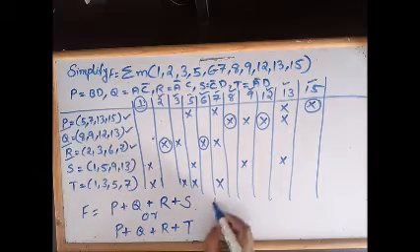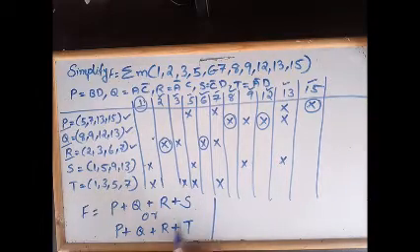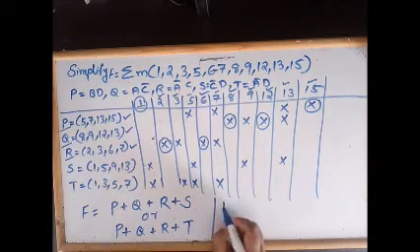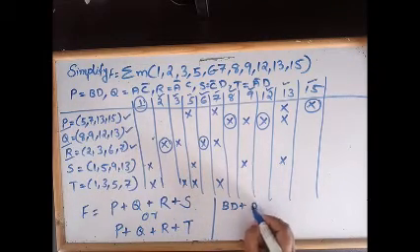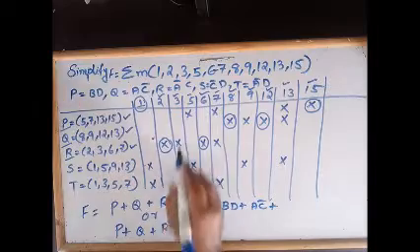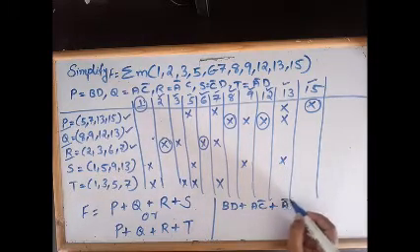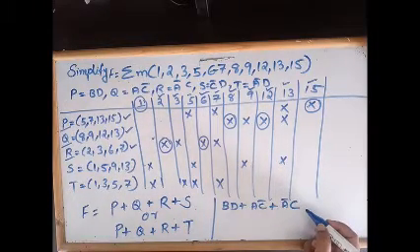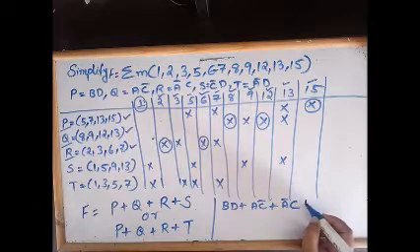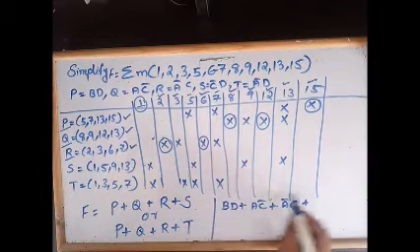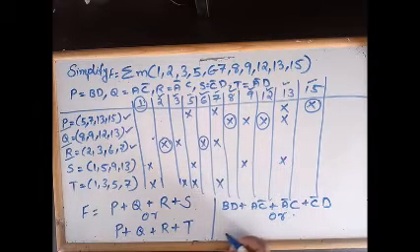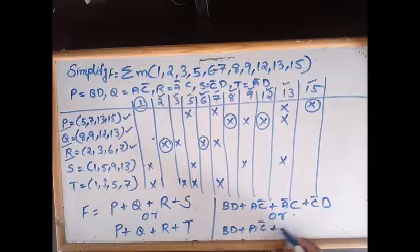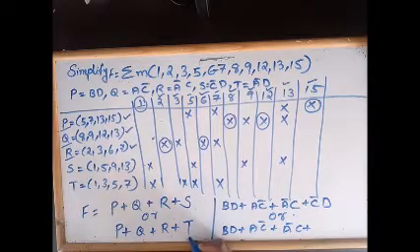So what is P plus Q plus R plus S? P corresponds to BD, plus Q corresponds to AC bar, plus R is A bar C, plus S is C bar D. Or the expression will be BD plus AC bar plus A bar C plus T. What will be T?